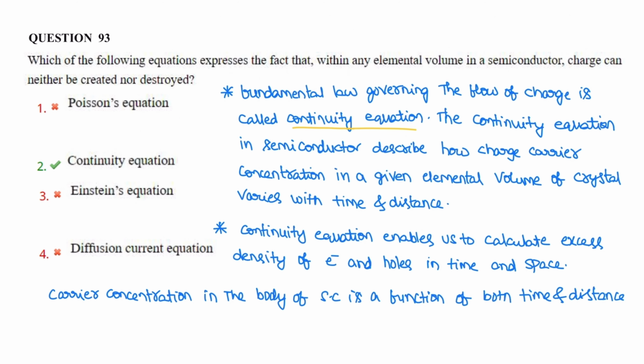The continuity equation in a semiconductor describes how charge carrier concentration in a given elemental volume of the crystal varies with time. So charge carrier concentration in a body of semiconductor is a function of both time and distance. The continuity equation enables us to calculate the excess density of electrons and holes in time and space.